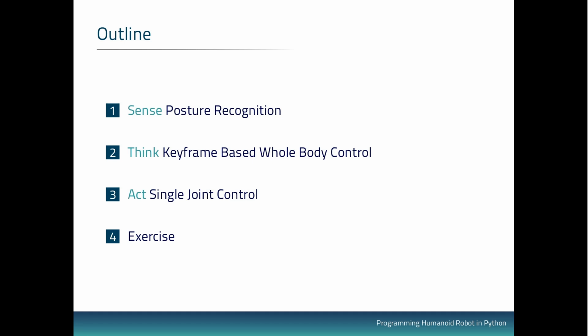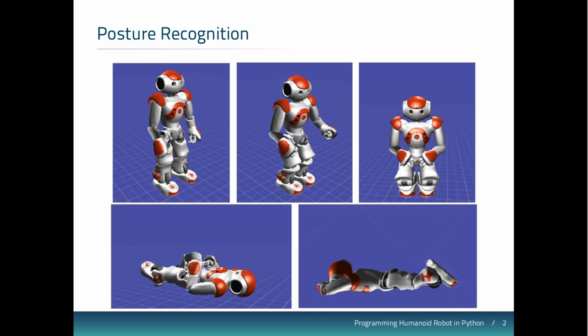Let's start with the sense. So first, the robot needs to recognize what the situation is. In this task, the situation means what the current posture of the robot is. More specifically, we want the robot to have a standing up straight state in the end. So this is the first picture we want to have.